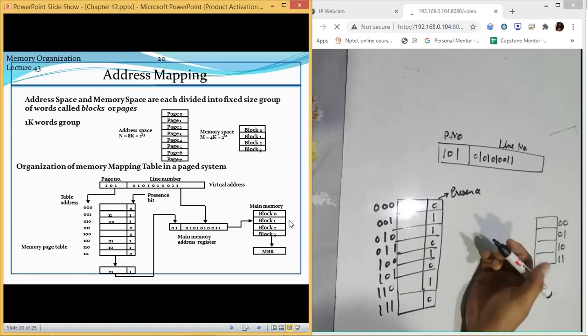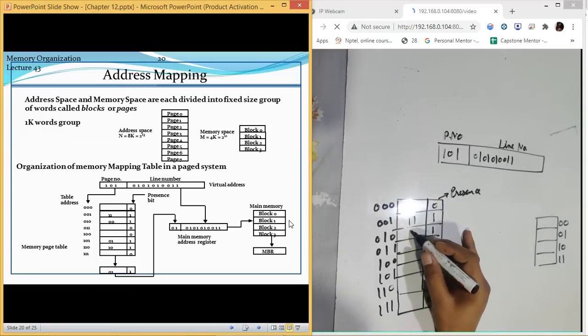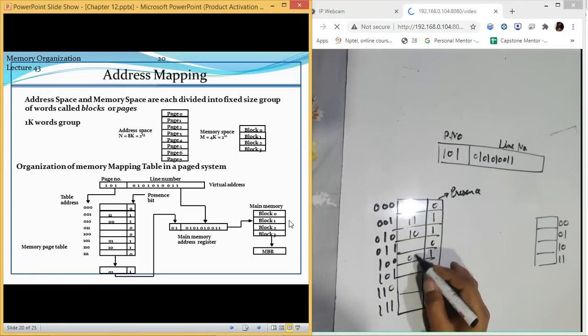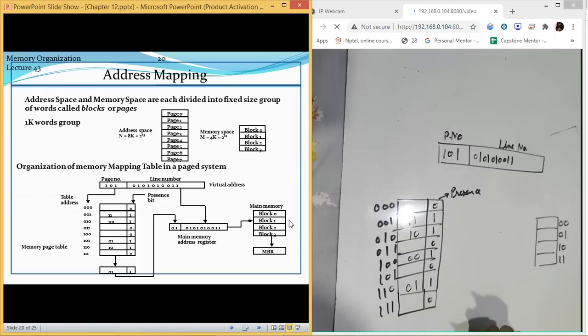Okay. So at this place, if it is 11, 10, 00, and 01, so it specifies that this 110 address is present at this memory location.